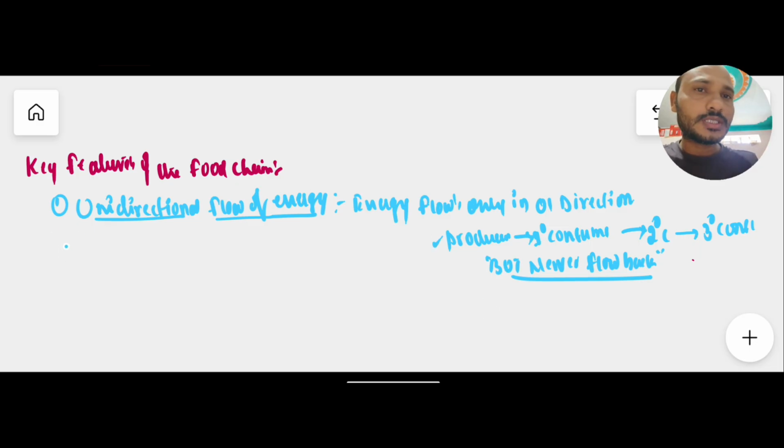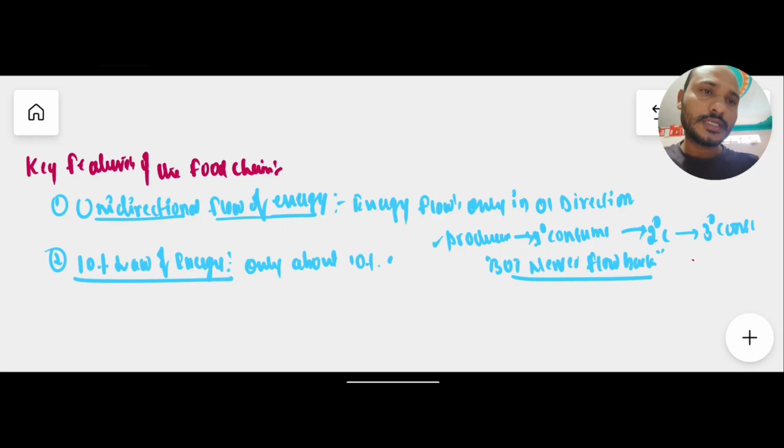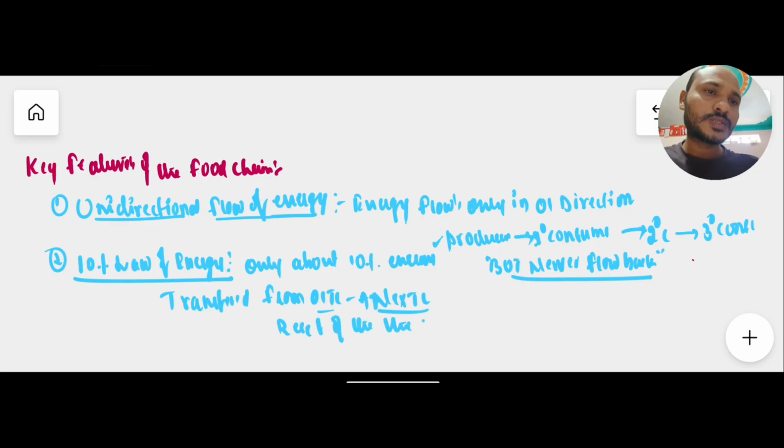And one more important key feature of the food chain is the 10% law of energy. It means that only about 10% of energy is transferred from one trophic level, that is one organism, to the next trophic level, another organism. Only 10% of energy will be transferred. And what about the rest 90% of the energy? The rest of the energy is lost in the form of heat.